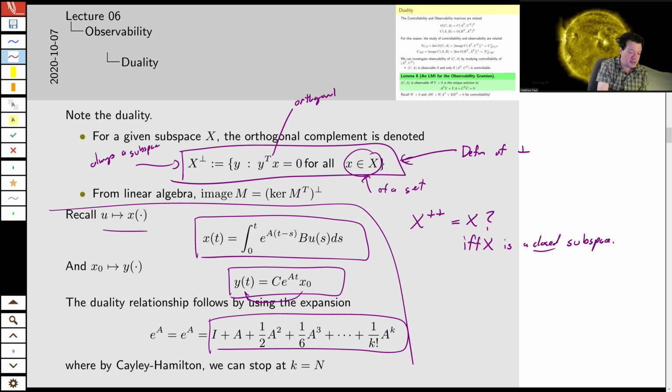And then Cayley-Hamilton says we don't need to go any further than n minus 1. Actually, we can stop at n minus 1.